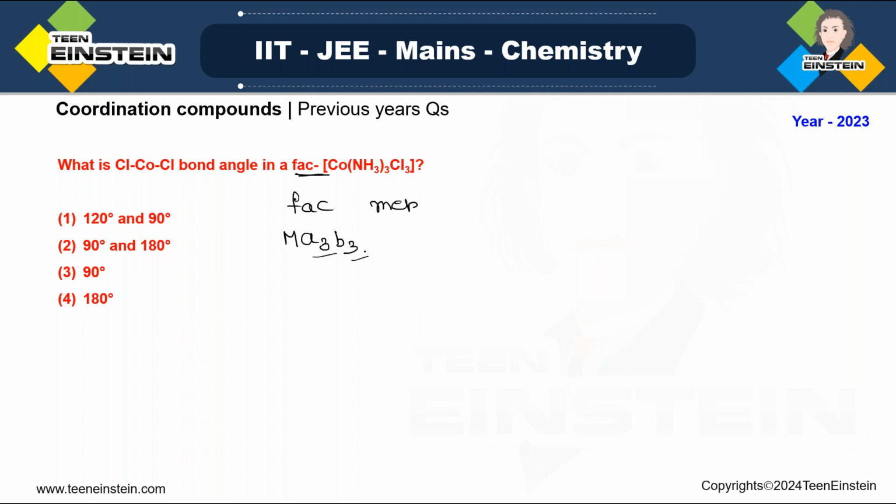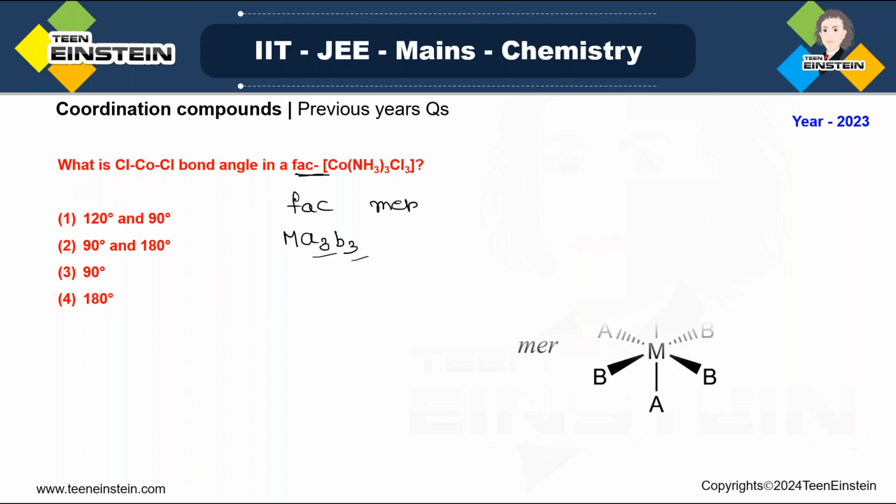So 6 is the coordination number. You have 3 monodentate A ligands and 3 monodentate B ligands. Whenever you get this type of general formula, not just the one given in the question, you will always see that fac-mer isomerism is possible.